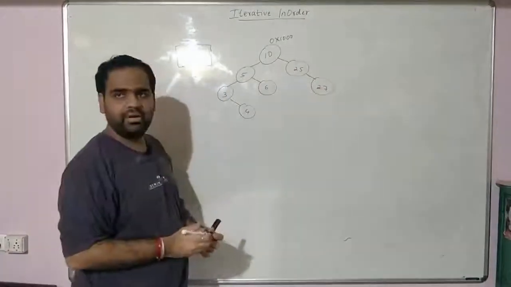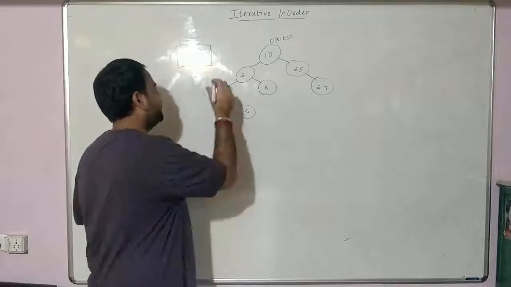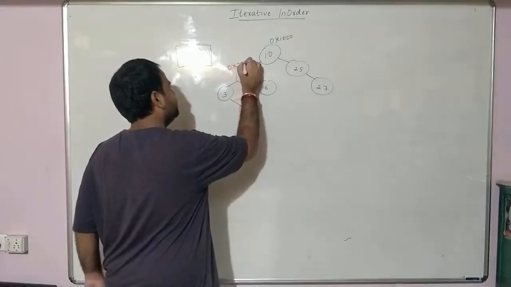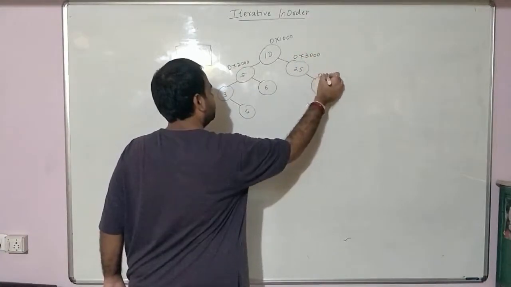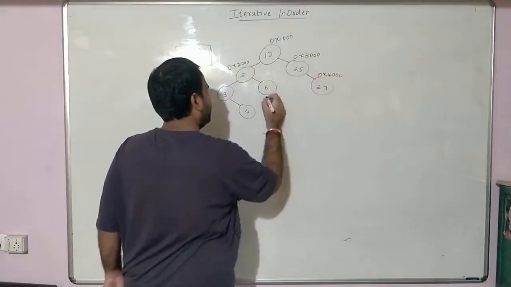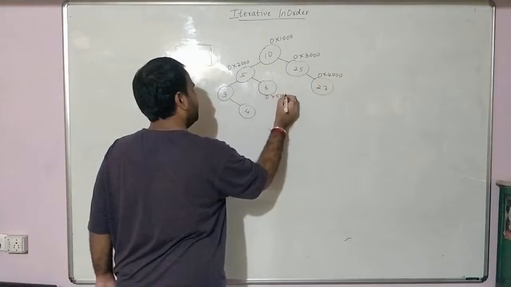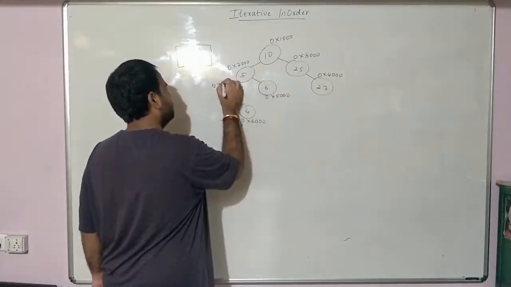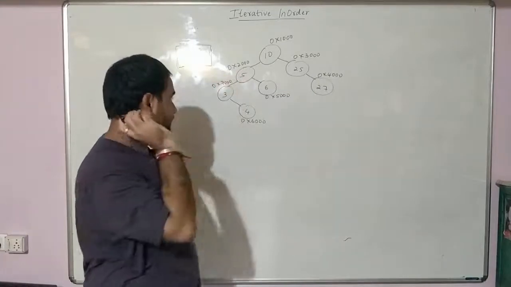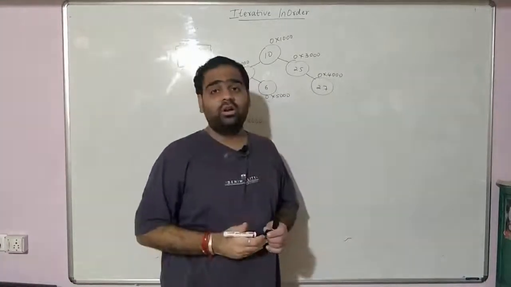Addresses are randomly assumed. You can give any address that you may like. What is the in-order traversal of it?